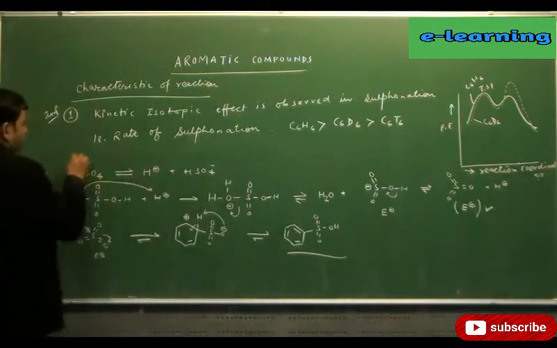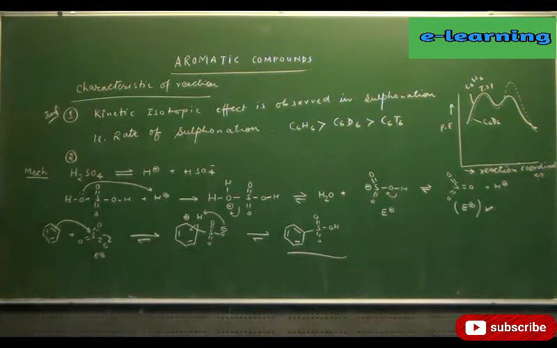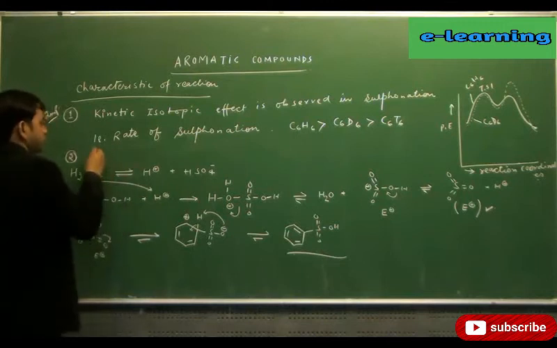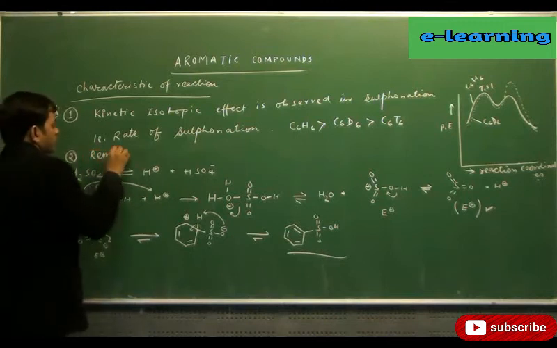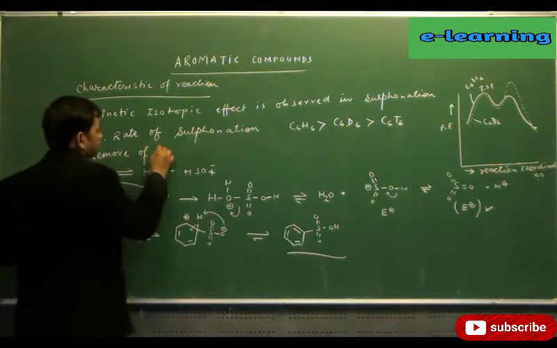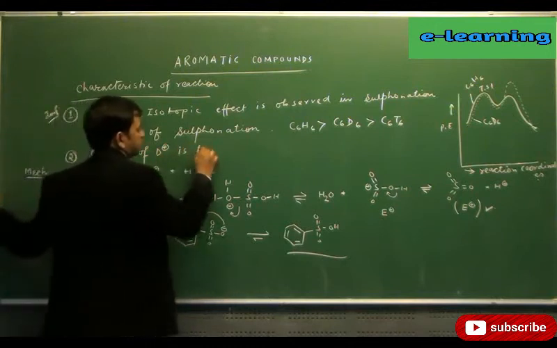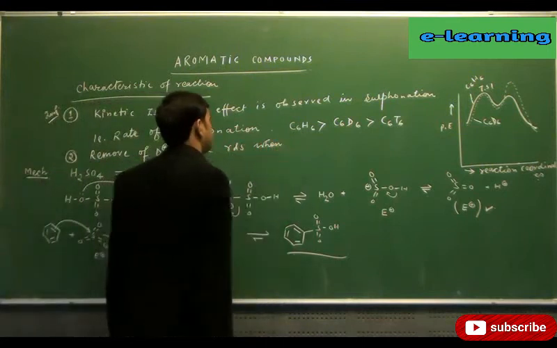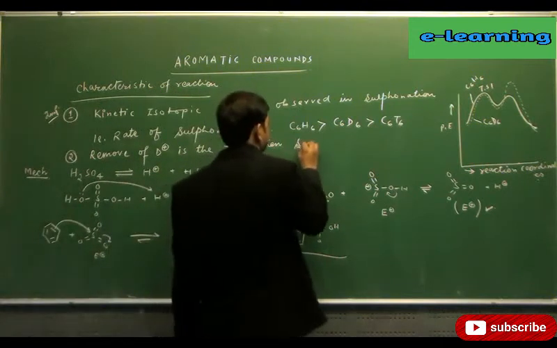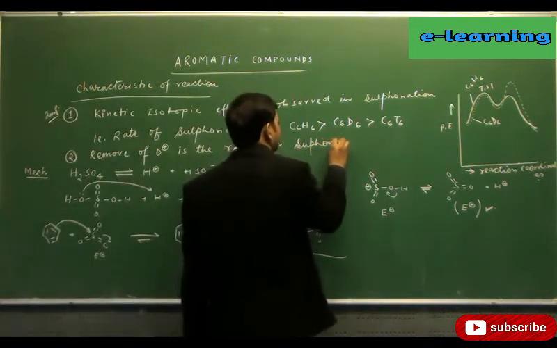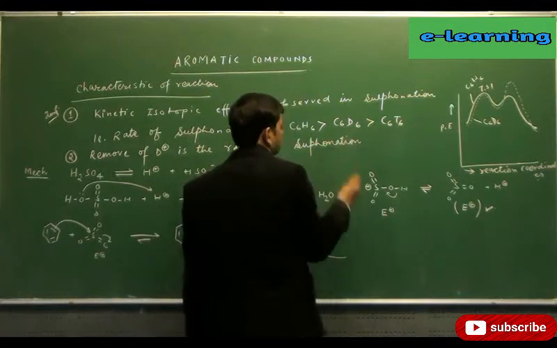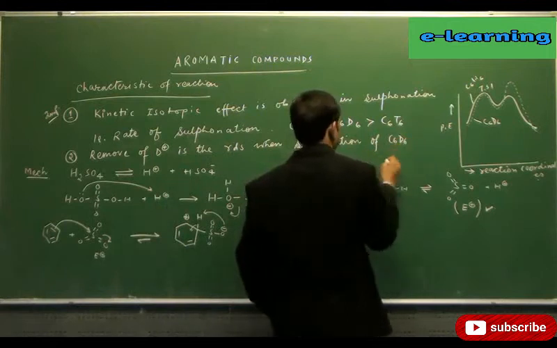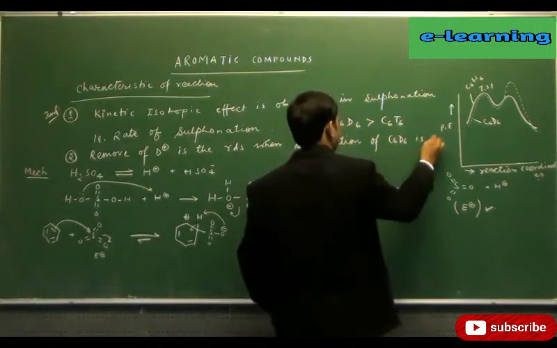So we can say removal of D plus is the RDS when sulfonation of C6D6 is done.